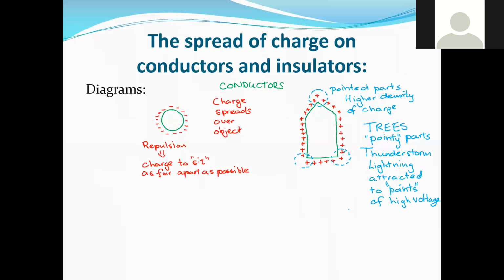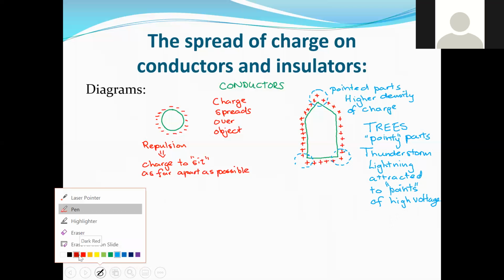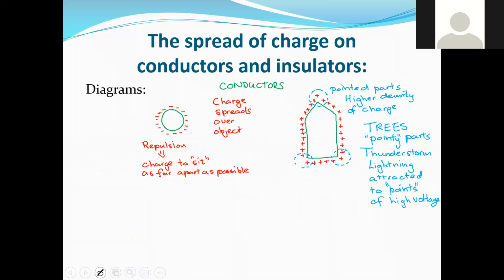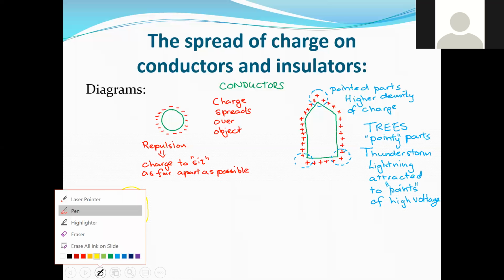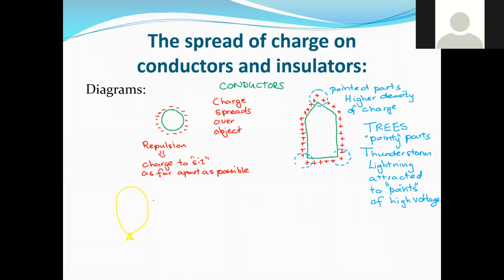Very interesting. Then I want us to look at the distribution of charge on insulators. Now, an insulator can be a rubber substance like a balloon. So if we have a balloon, the charge will not spread evenly over the balloon, because the balloon is an insulator.